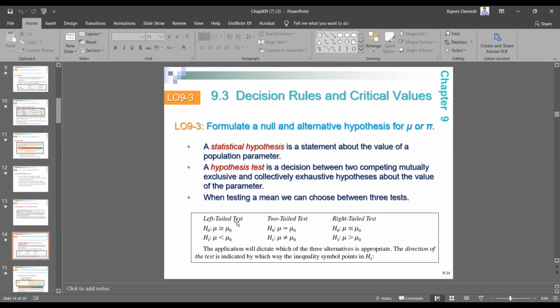For example, left tail test, here null hypothesis is mu is greater than or equal to mu 0. Alternative is mu is less than mu 0. Two-tailed test is equal sign. Right-tailed test is exactly the opposite.